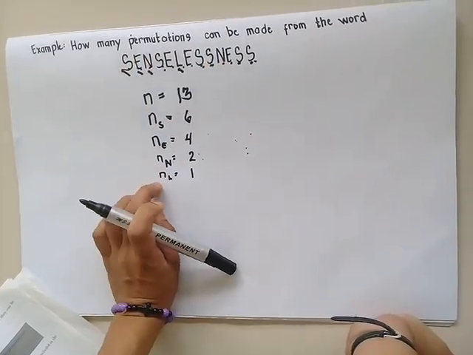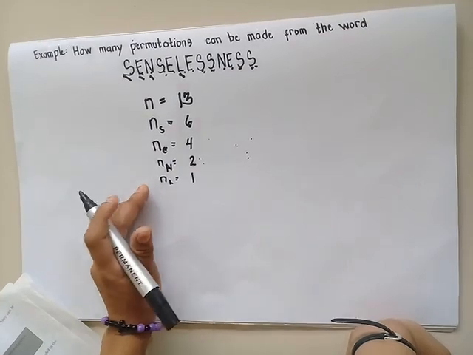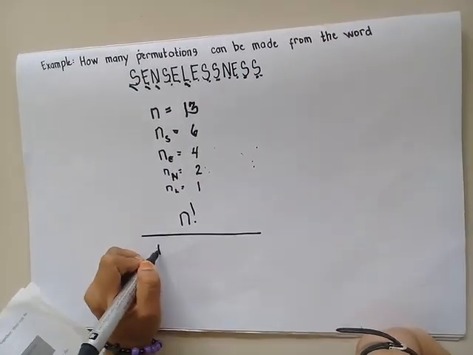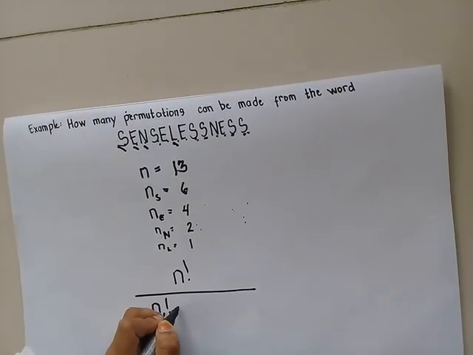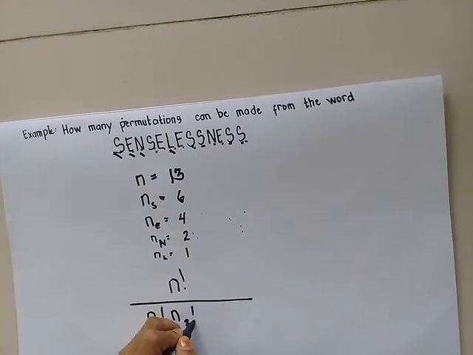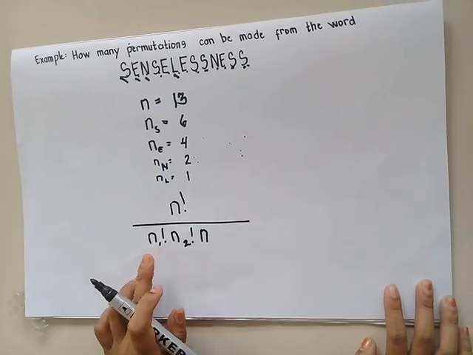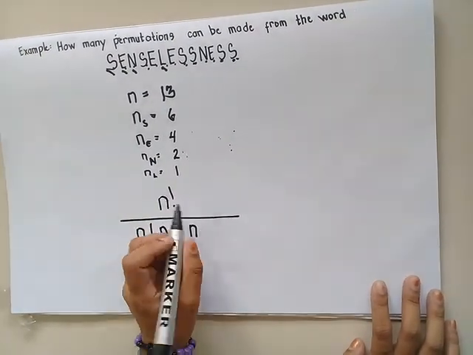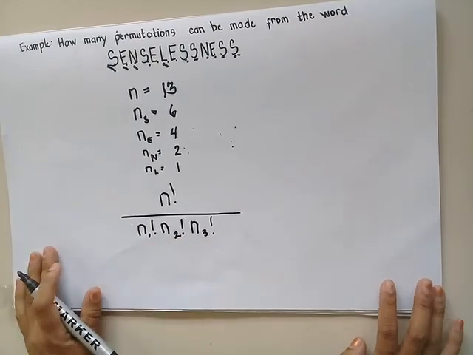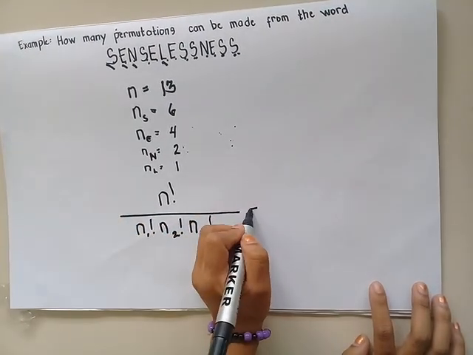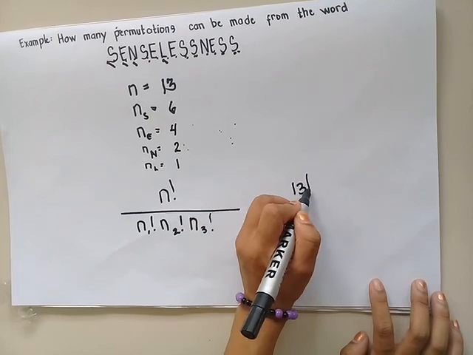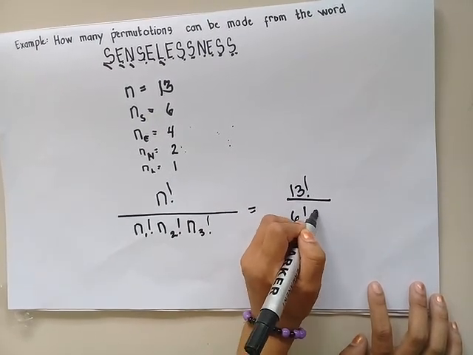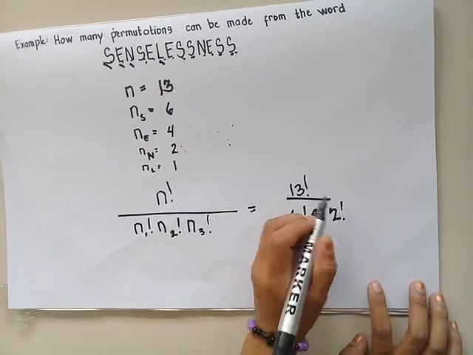And only 1 L. Using the formula given, we have n factorial over n sub 1 factorial times n sub 2 factorial times n sub 3 factorial. So we have 13 factorial over 6 factorial, 4 factorial, and 2 factorial.